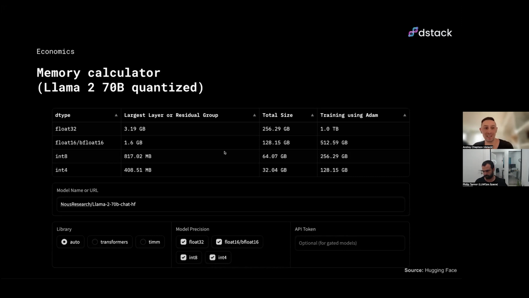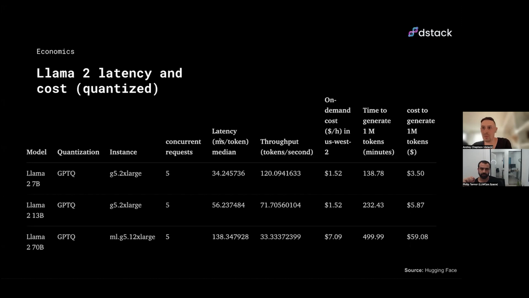If you're using int 4, it would be enough to use one 40 gigabyte GPU, like an A100 40 gigabytes. Same for training. You see that the memory requirement drops drastically. You'll find this memory calculator yourself from the link and you'll be able to make these calculations yourself. And we are moving on.